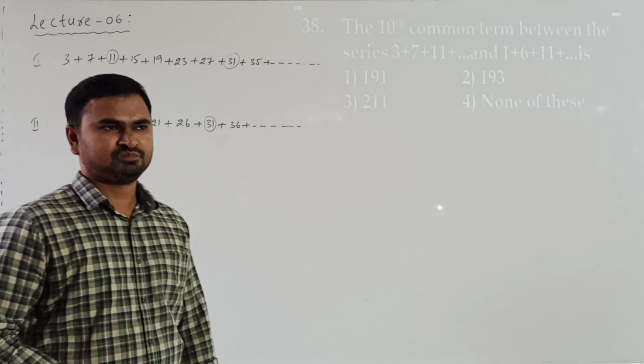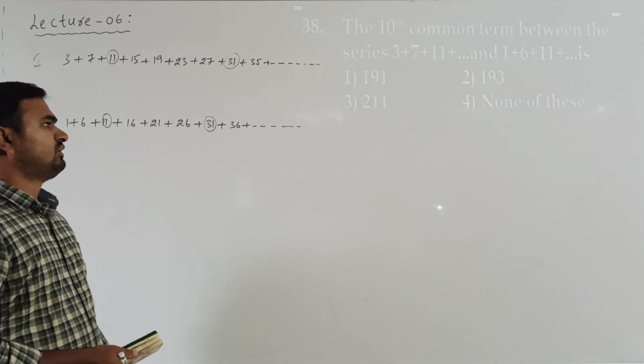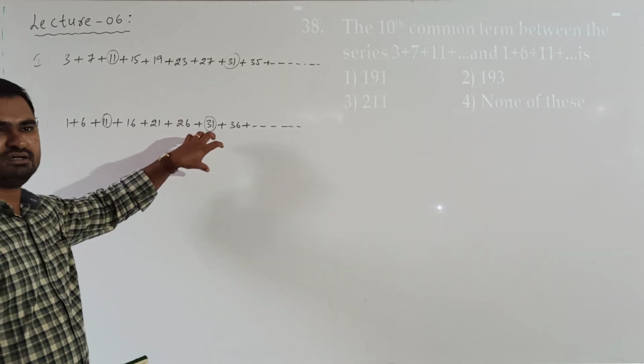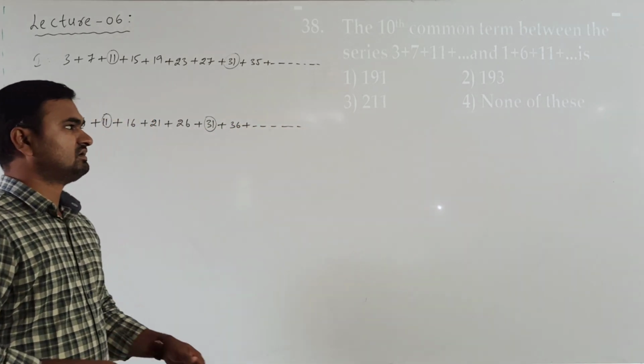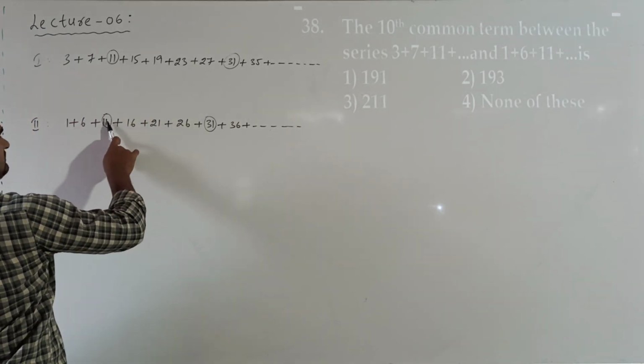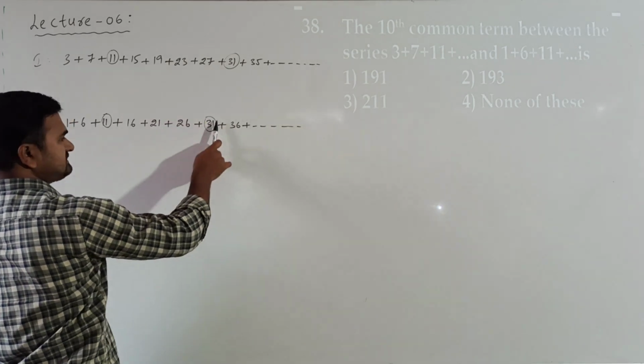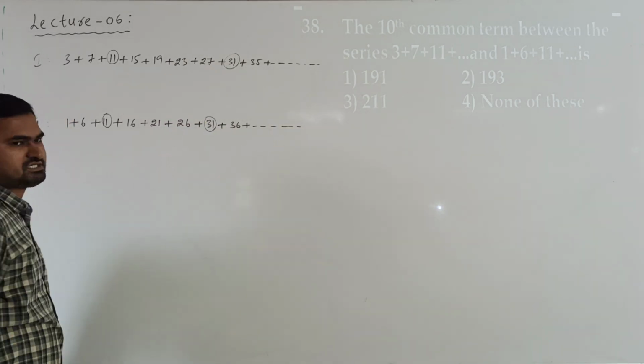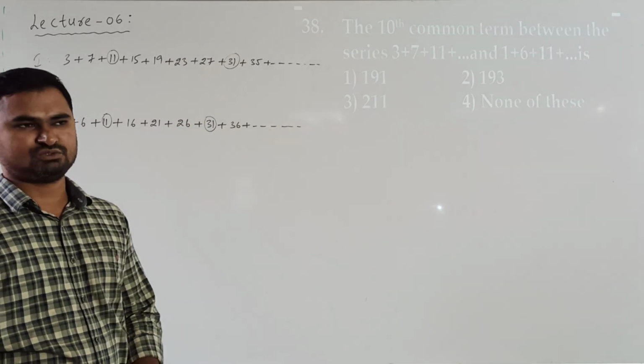It will be lengthy. So instead of that, what method we can use for finding the common terms? Now observe here, 11 is the first common term, 31 is the second common term, next third term, fourth term and so on.